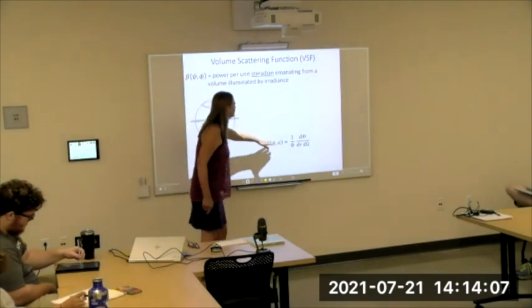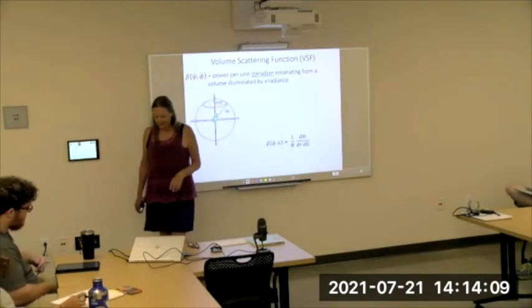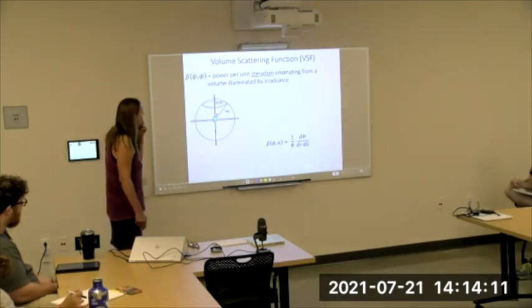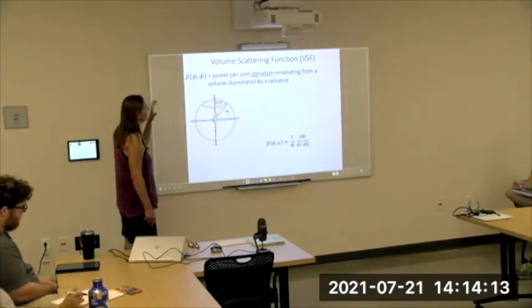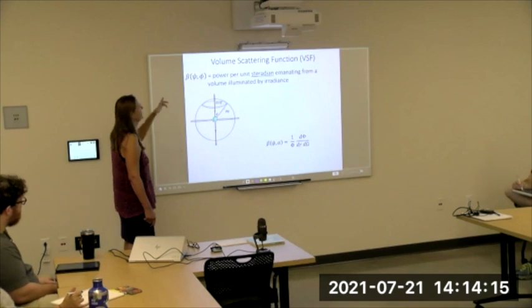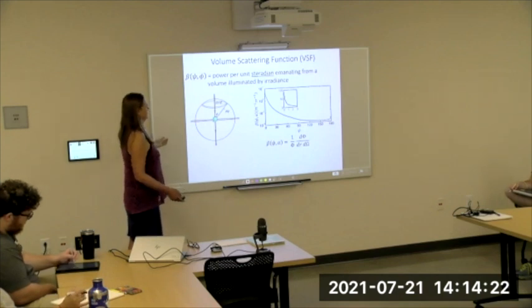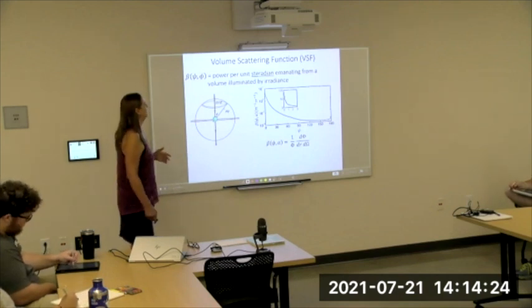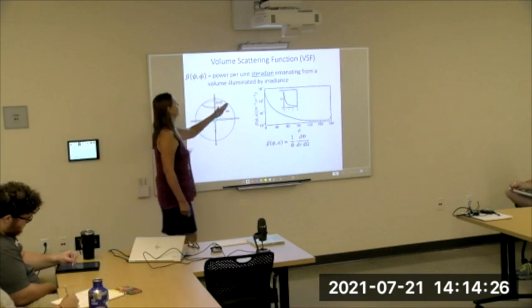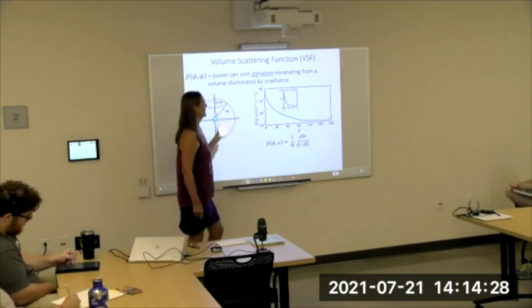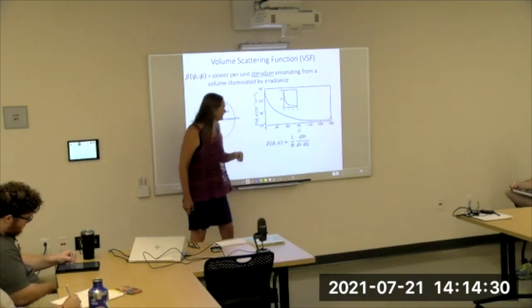So we have this definition of the volume scattering function, the power per unit steradian emanating from a volume illuminated by a radiance. And we can plot it as a function of angle. If we assume some azimuthal symmetry, we can just plot it as a function of psi.